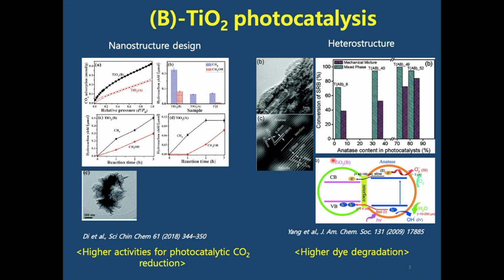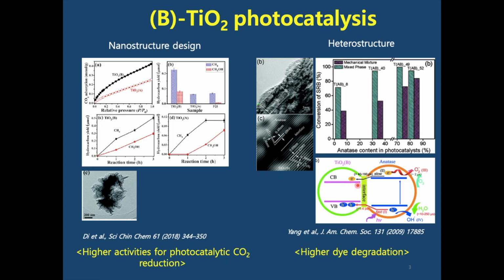The ideal band alignment between B phase and anatase allows both electron and hole transfer from anatase to B phase, and as a result, the electron and hole are effectively separated, which is further utilized for photocatalysis.